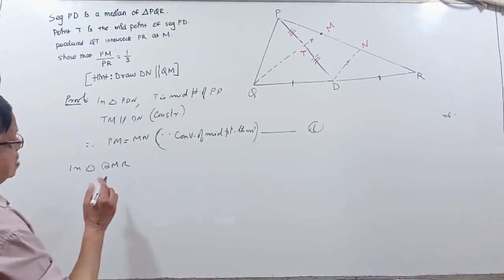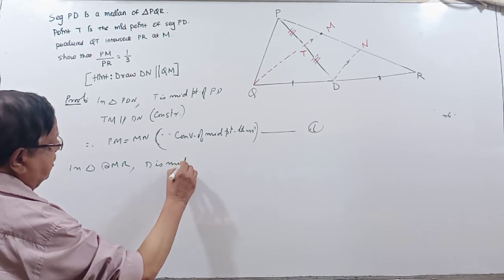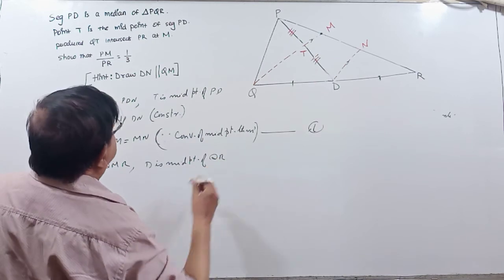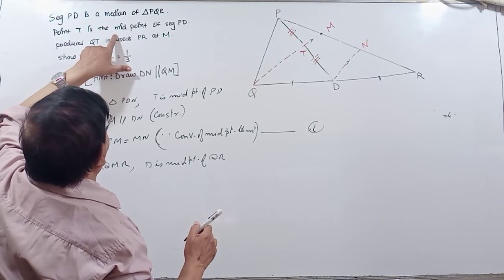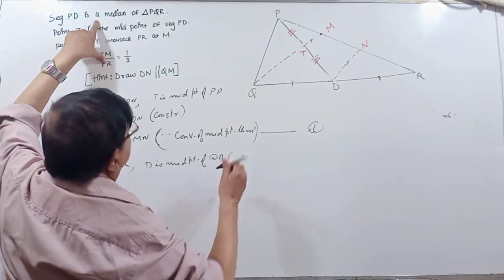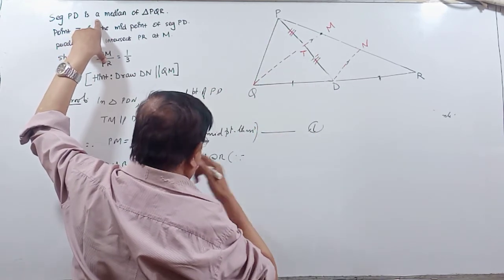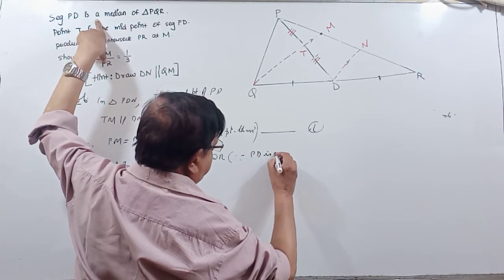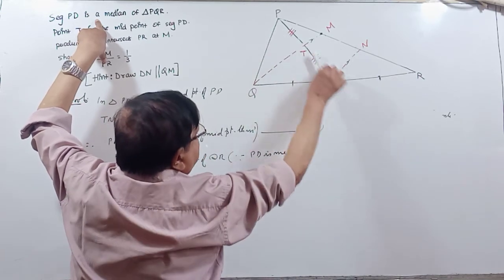So we write D is midpoint of QR. उसका रीजन क्या है? T is the midpoint. PD is a median. Therefore, D is the midpoint because PD is the median.